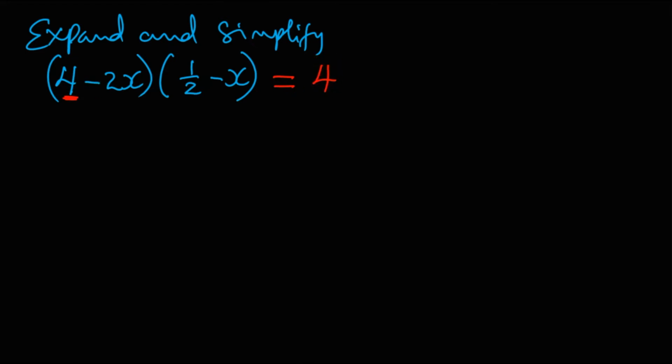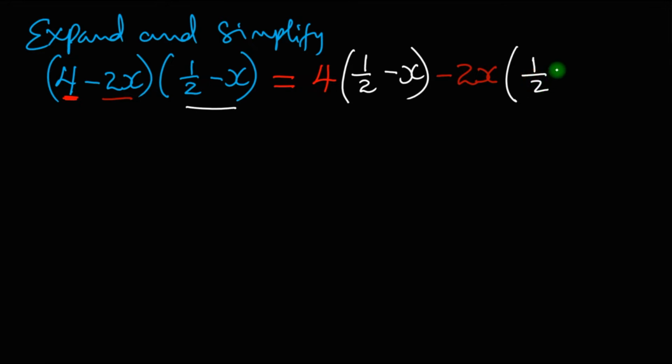Then we multiply by what is in the second bracket, that is 1/2 minus x. Then from there we have minus 2x. Again we multiply by what is in the second bracket, a half minus x.